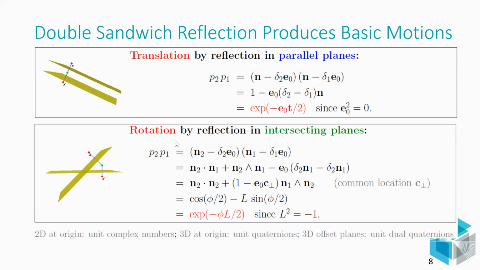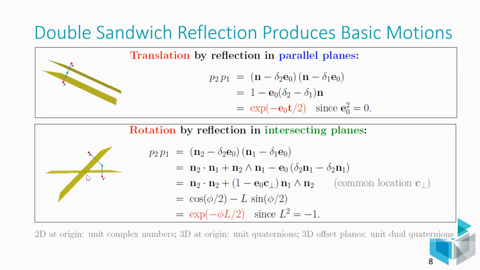If I do a rotation, I would do it by a reflection in intersecting planes. There's a little bit of math which I hid because you get some expressions that at first sight you don't quite recognize, but it turns out that it actually indicates this line here, this intersection line, as the thing that the rotation occurs around. So as opposed to linear algebra, where you have to do your rotations around the origin, otherwise they're not really proper rotations.